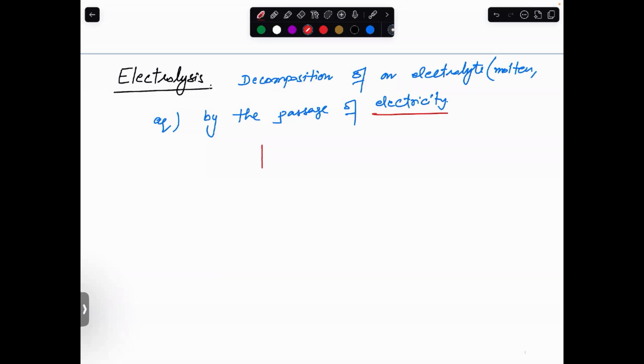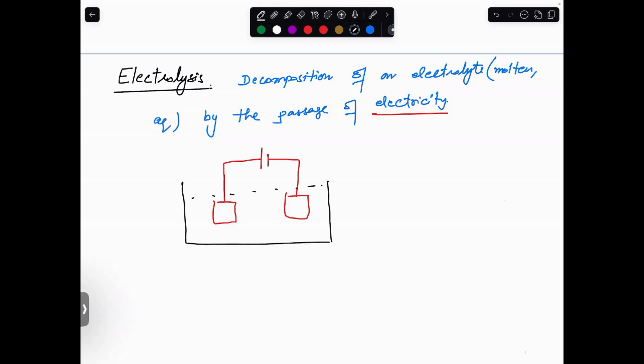So what are you supposed to use? The battery, the power source, and in this case, it is a non-spontaneous redox reaction. There is a non-spontaneous redox reaction at the cost of this power source.